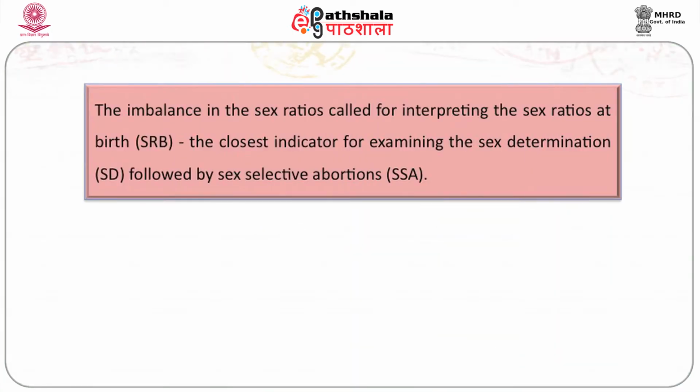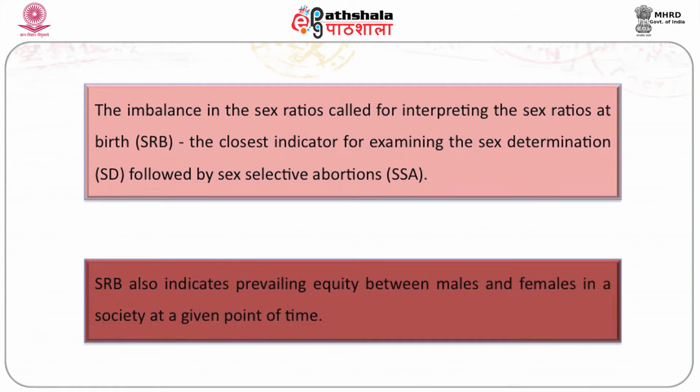The imbalance in the sex ratios called for interpreting the sex ratio at birth, SRB, the closest indicator for examining sex determination followed by sex-selective abortions. SRB also indicates prevailing equity between males and females in a society at a given point of time.